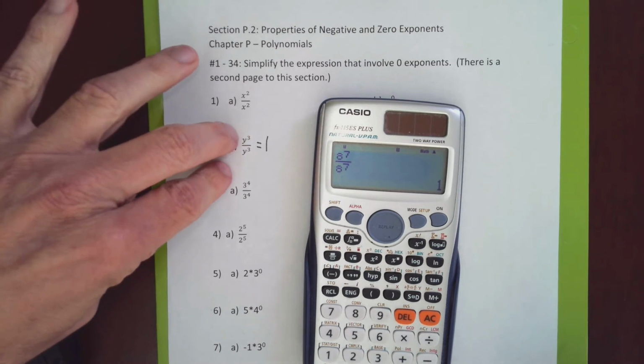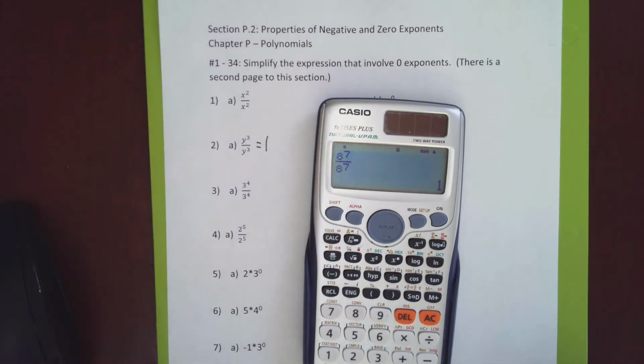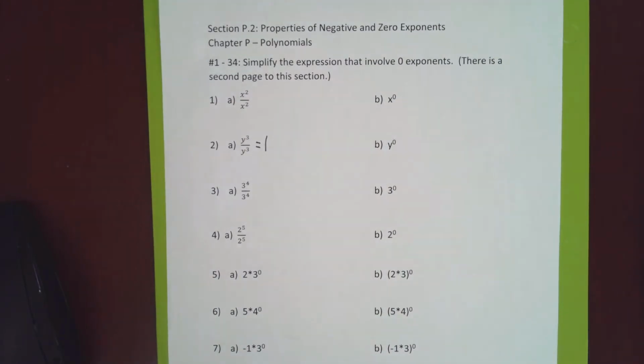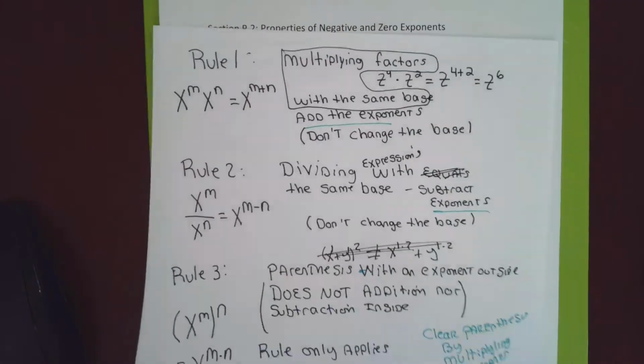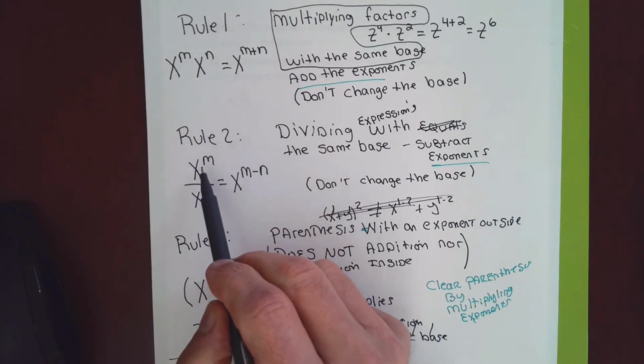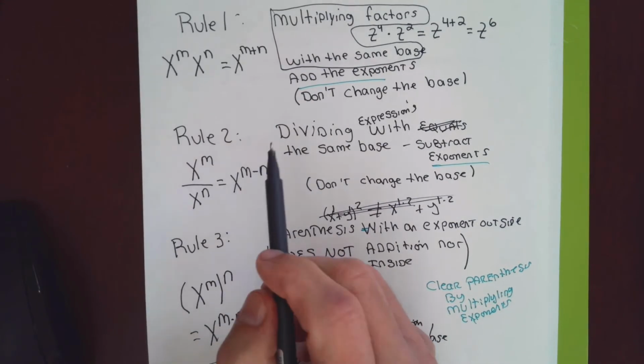So for 2a, if I'm asked to simplify this, that does equal 1, but simplifying it that way doesn't help me understand zero exponents. I'm going to simplify this using rule 2 from the last section, P.1. This is a division problem. The bases are the same.